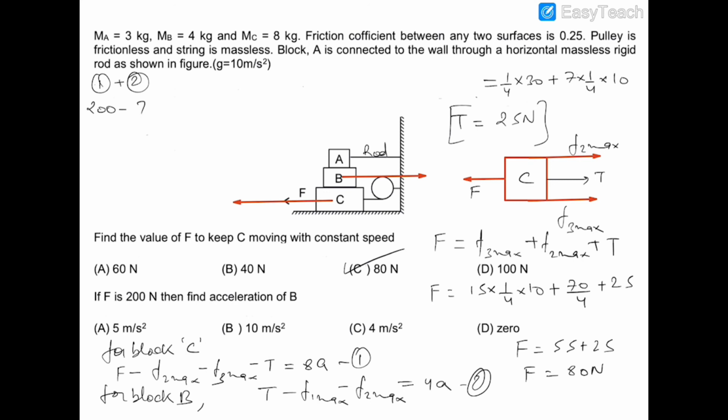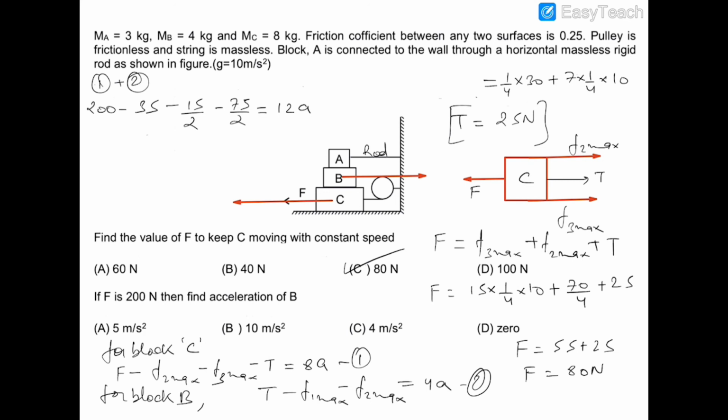So this is 35 newtons, and minus F1 max, and F1 max is 30 by 4, which is 15 by 2, and F3 max is also equal to 150 by 4, which is 75 by 2, and this will be equal to 4 plus 8, which is 12a.